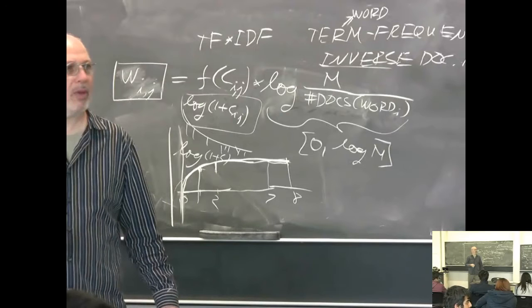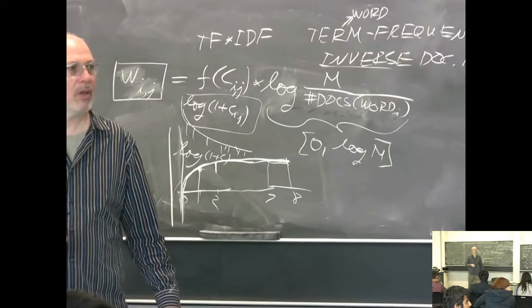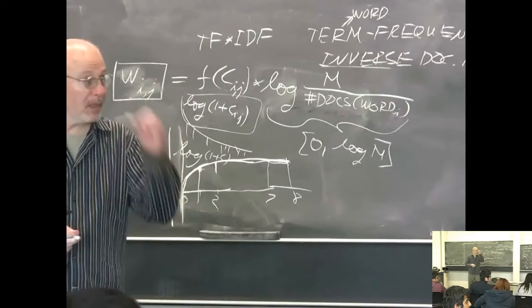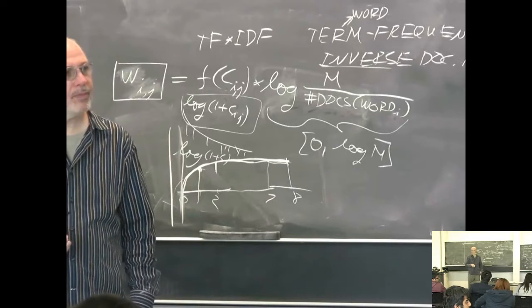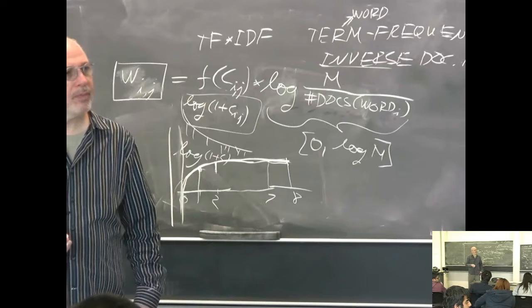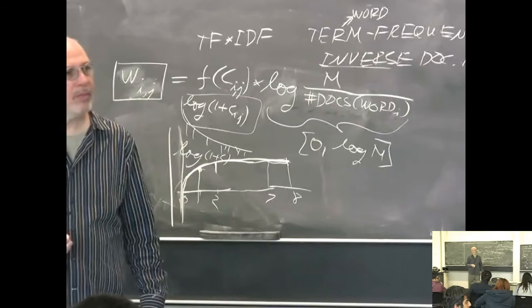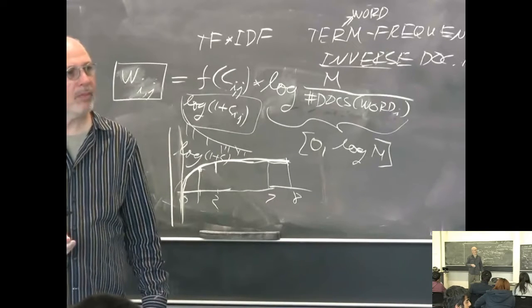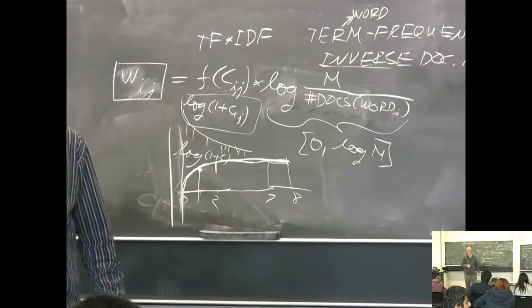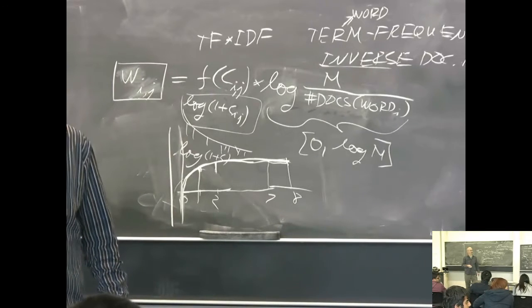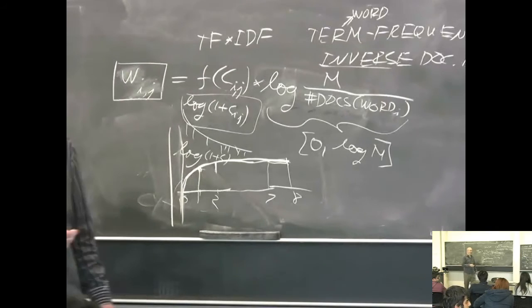There are several ways to define it. In classic BM25, it's actually a kind of linear dependence, and the term frequency is also normalized by the length of the document. There are about four most common ways. Right. Thank you.